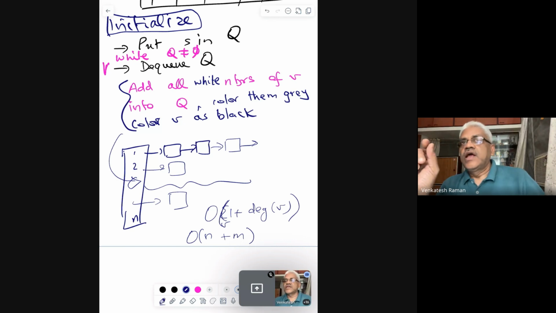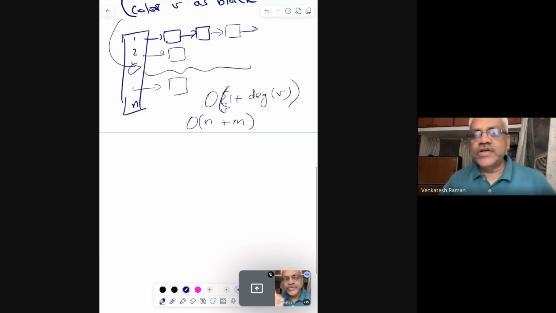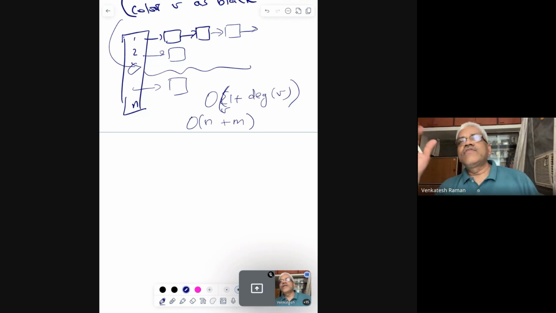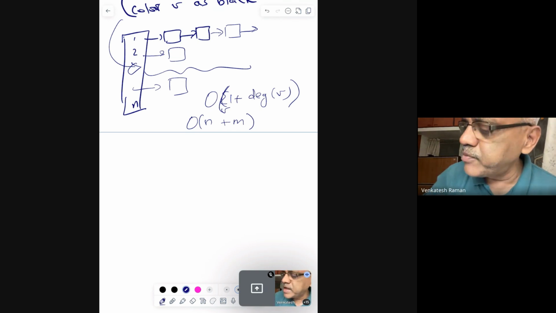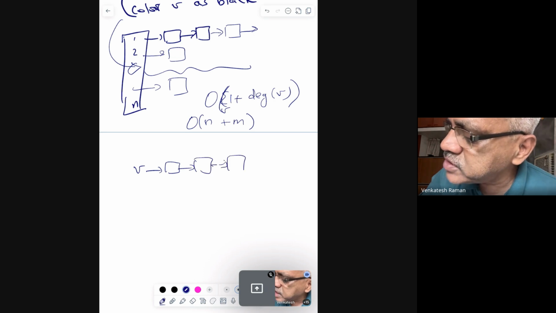That's the reason, right? I know it's an absolutely simple question, but you all look at it without deeply thinking, deeply understanding it. That's why I'm belaboring it. So if I have one vertex in an adjacency list, I want to look at all its neighbors. It takes degree many times.